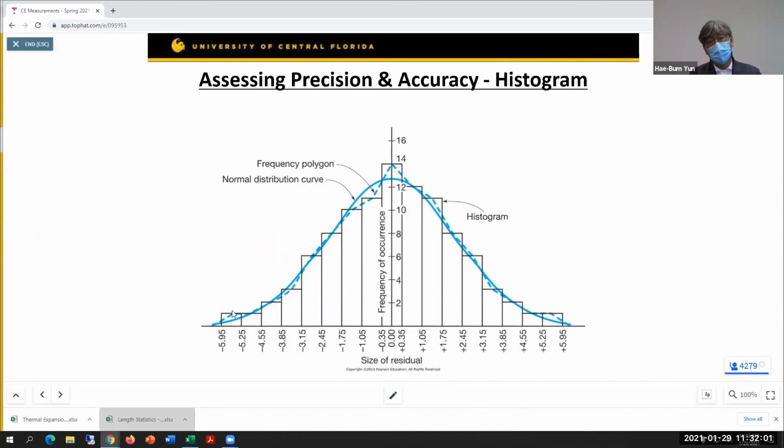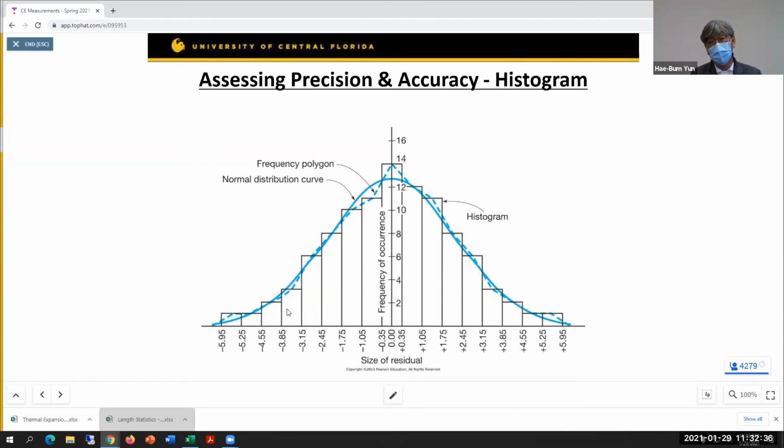At the top middle point of each bar, you can draw a straight line connecting those points, and you can get the frequency polygon, right? What you're seeing as a solid line is the distribution curve, which is a normal distribution curve.